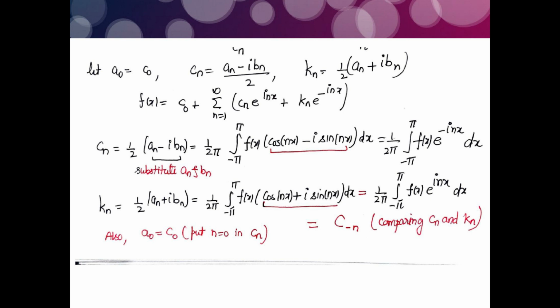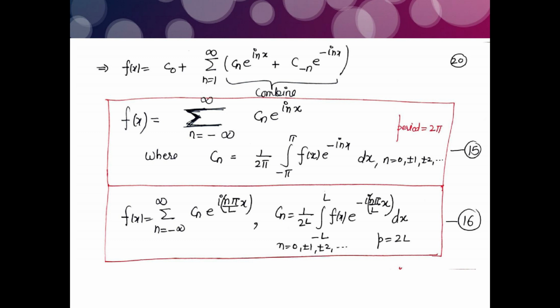So we can say that K n is equal to C minus n. And if in the expression of C n we put n equal to 0, see the third line, then C n reduces to 1 upon 2 pi, integral from minus pi to pi of f of x dx, and this is the same as a naught.